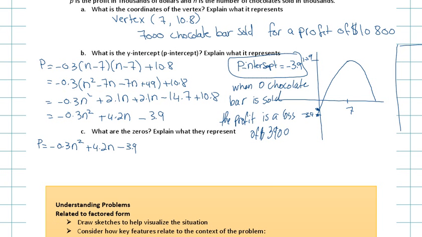Can you check if 4.2 is divisible by 0.3? What do you get? 14? Yeah. How about 3.9? It's divisible by 0.3? 13? Yeah.